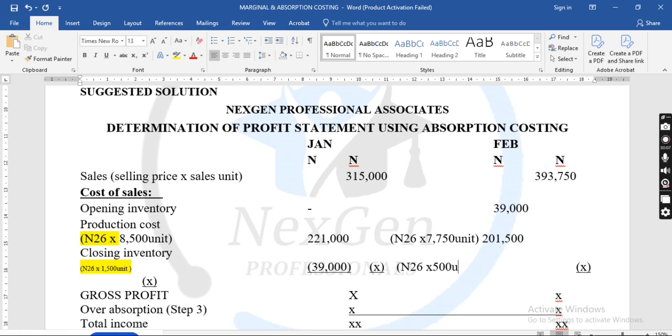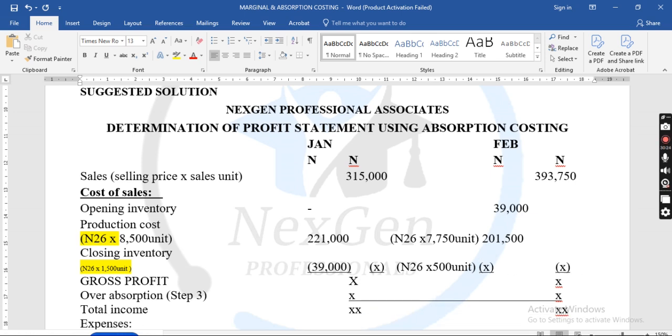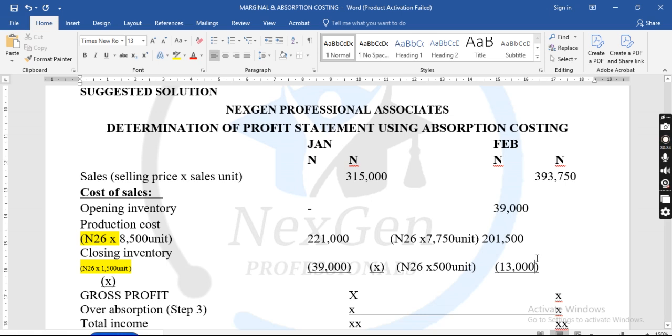Please, if this is magic, go and watch the marginal costing, because everything you need to know is there. Go back to what we did last time and you will understand. Now, when you multiply it, what do you have? 13,000, right?